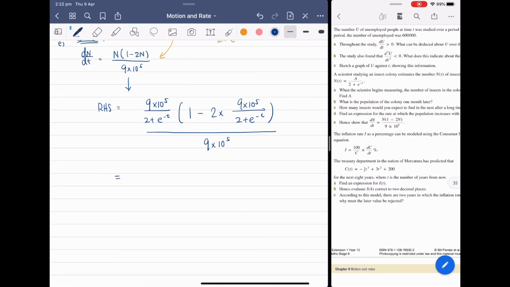Then these two cancel out. And then we multiply everything inside. So that gives us 1 over 2 plus e to the power minus t, brackets 1 minus 2 times 9 times 10 to the power 5 over 2 plus e to the power minus t.